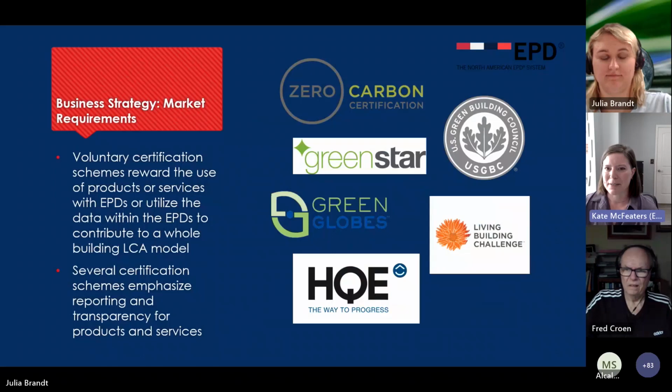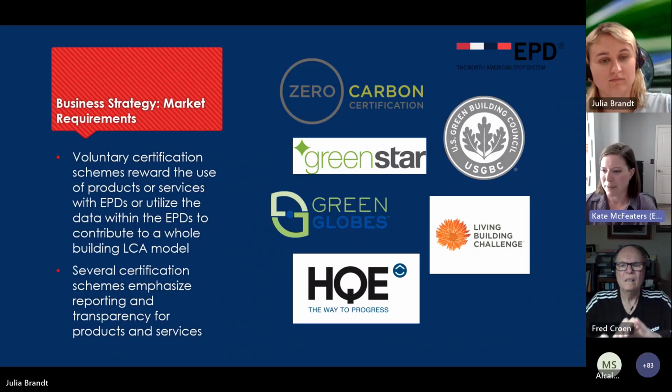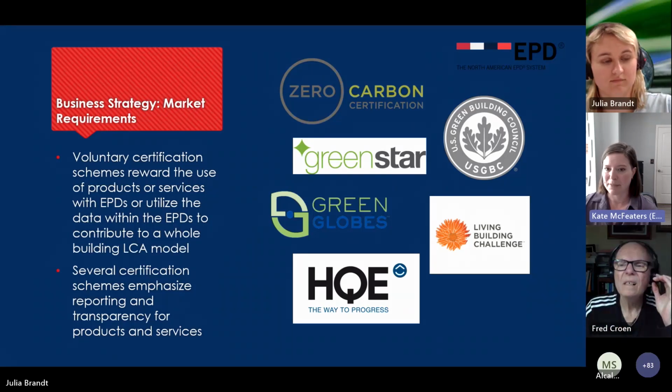And then this feeds into also the market requirement element, which is that if the market is leaning towards having certification schemes for buildings, for example, like a LEED certified building, and that certification scheme is moving towards the use of EPDs as a contributing factor to that certification, then the market is pushing for having an EPD in order to be competitive in the market.